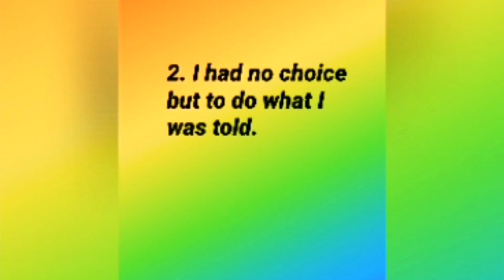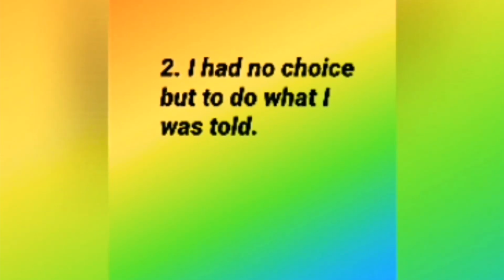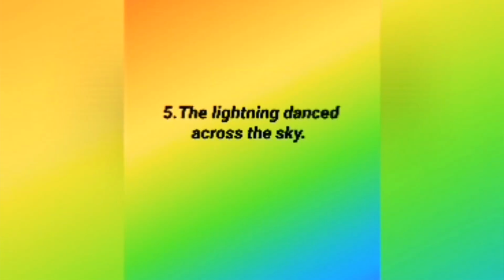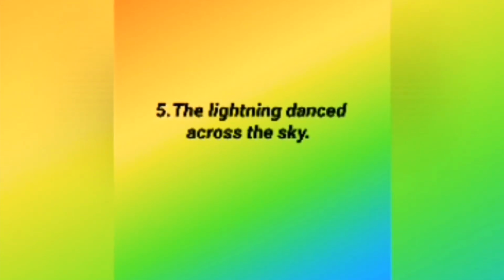I had no choice but to do what I was told. Number 3. I've read this book 100 times. Number 4. Time is gold. Number 5. The lightning danced across the sky.